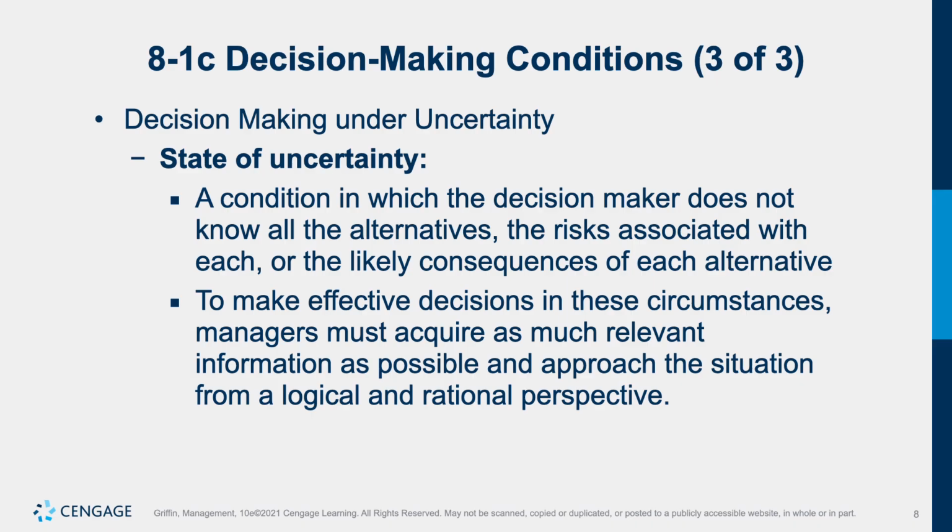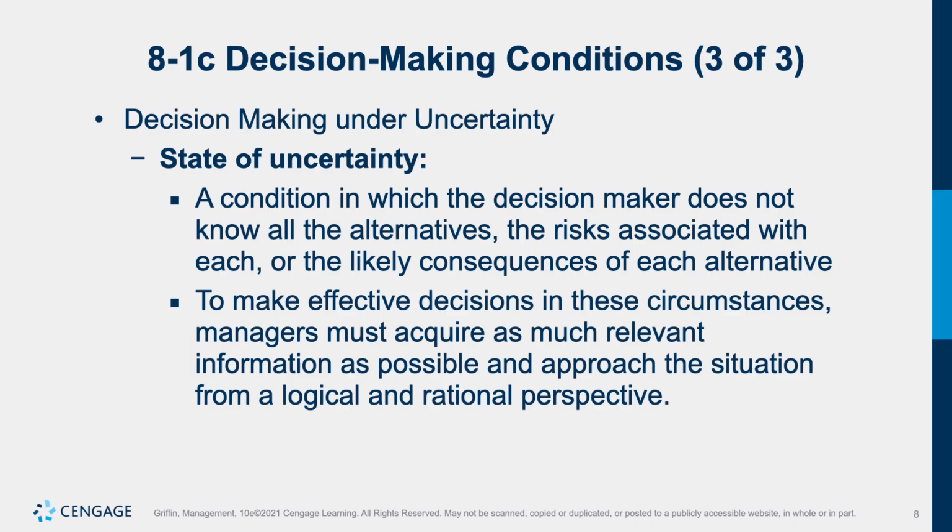They don't understand what risks are associated with each available alternative, and they are unaware of to what extent these alternatives would influence an outcome. It's a totally uncertain situation.